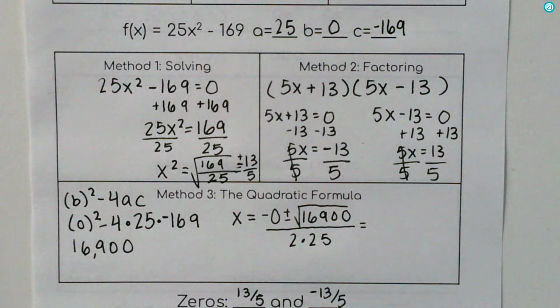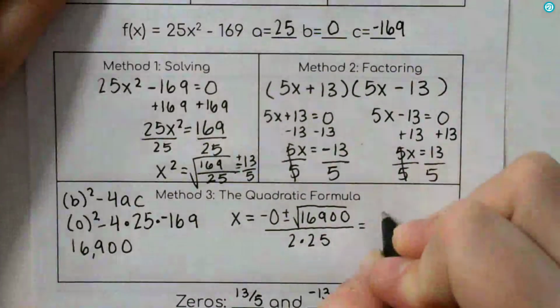Okay. Any questions about plugging things in? Okay, at this step, I'm going to get rid of the negative 0 because I know that 0 plus the square root and 0 minus the square root are going to be just plus the square root and minus the square root.